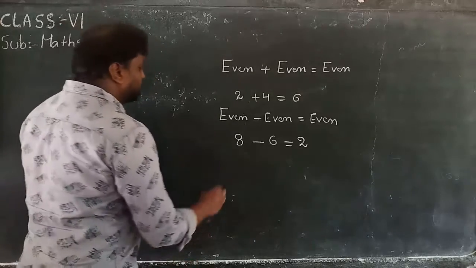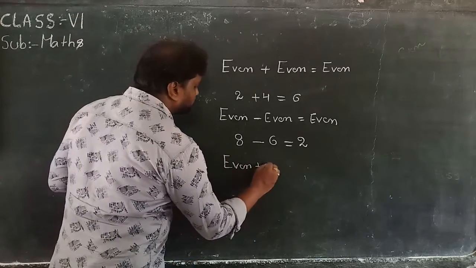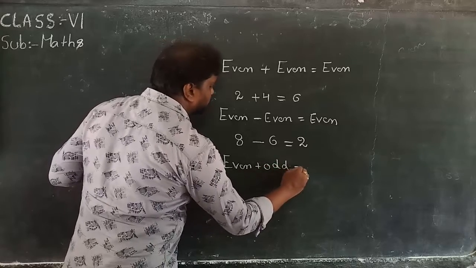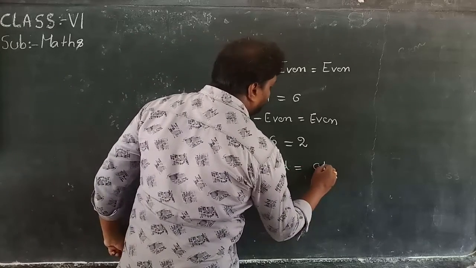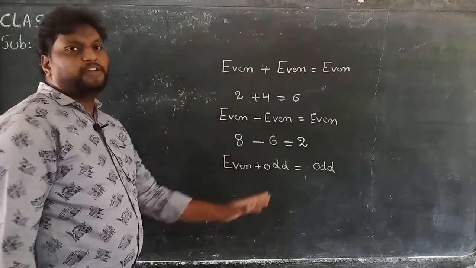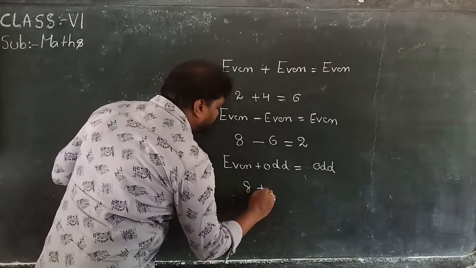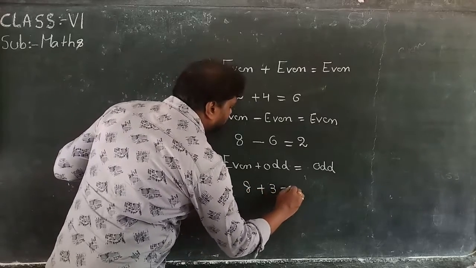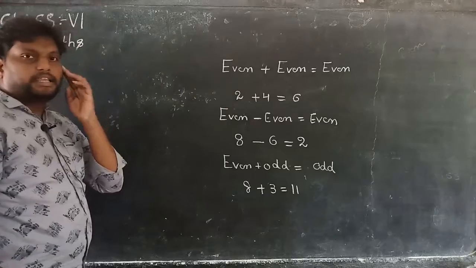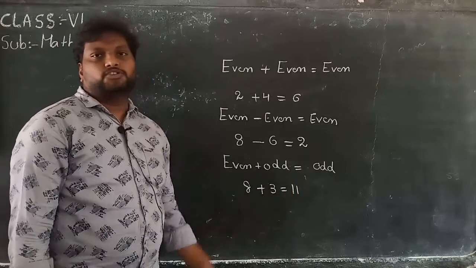Next, the sum of one even number and one odd number will be an odd number. For example, 8 plus 3 is equal to 11. 3 is an odd number and 11 is also an odd number.